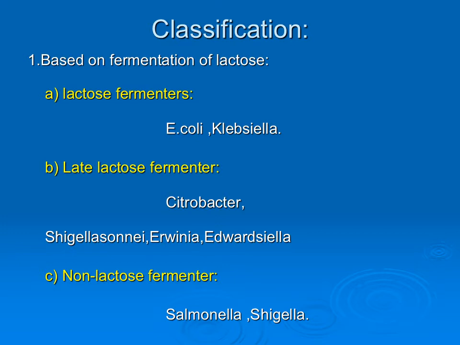One is Shigella. Remember, Shigella sonnei is a late lactose fermenter, whereas other species of the genus Shigella are all non-lactose fermenters. Shigella causes bacillary dysentery. Then another important one, Salmonella. Salmonella species cause typhoid fever or enteric fever.